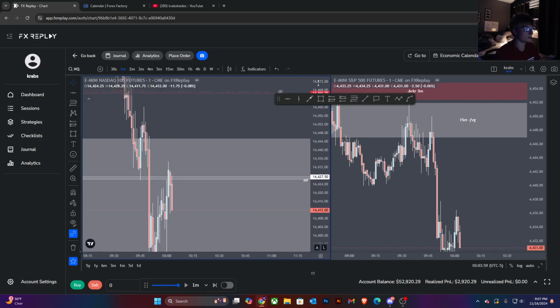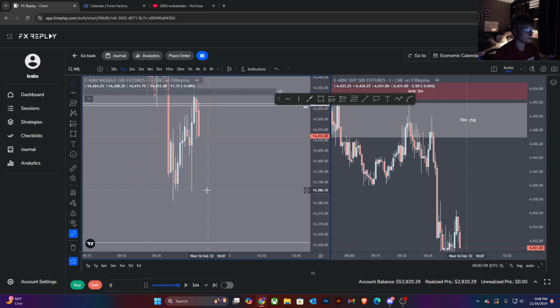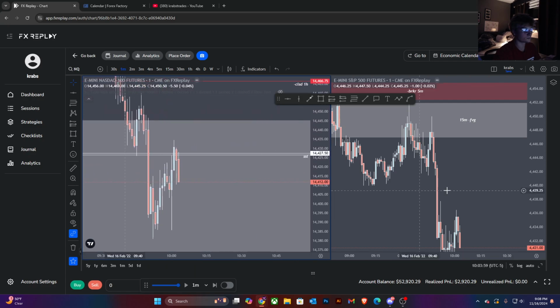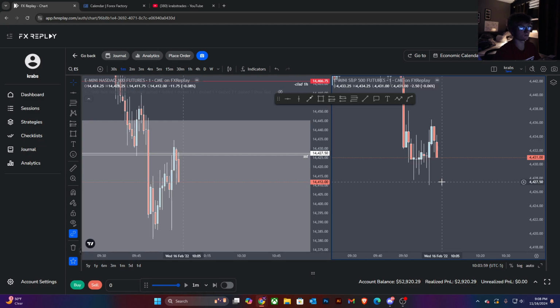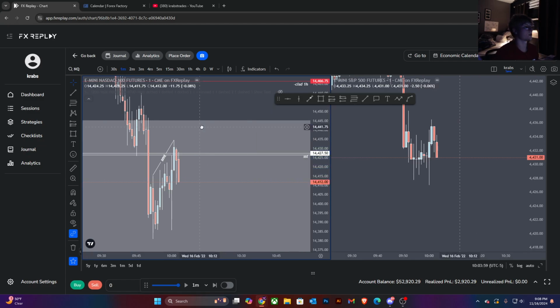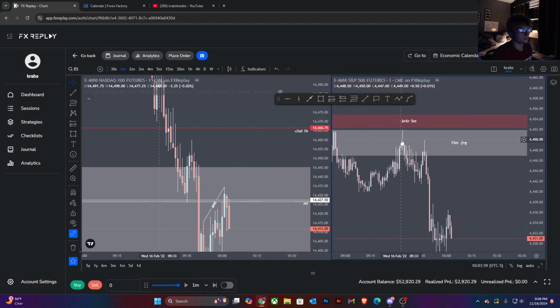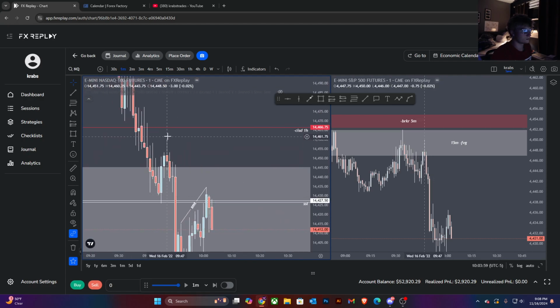Five-minute holding. Type SMT here. This could be a continuation here. The way we tapped into this breaker.